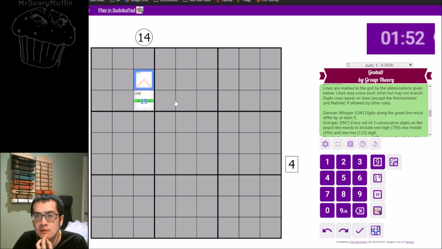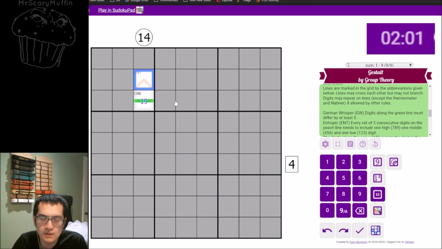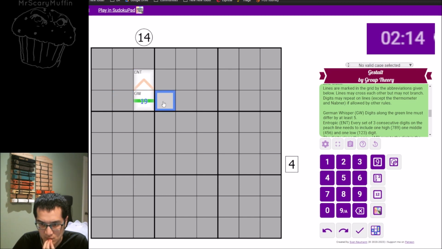And this one can't be 4, 5, 6, so could it still be a 1? Let's think for a second. If we use 4 and a low, then this could still be a 1.